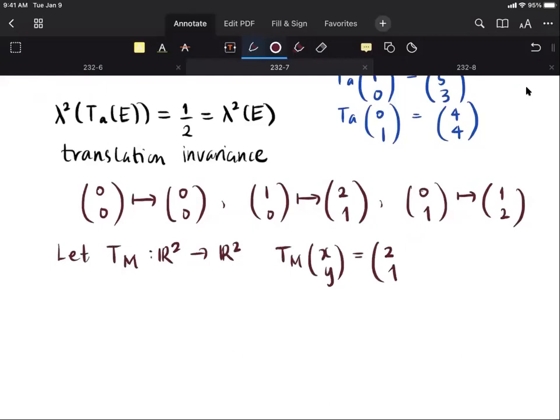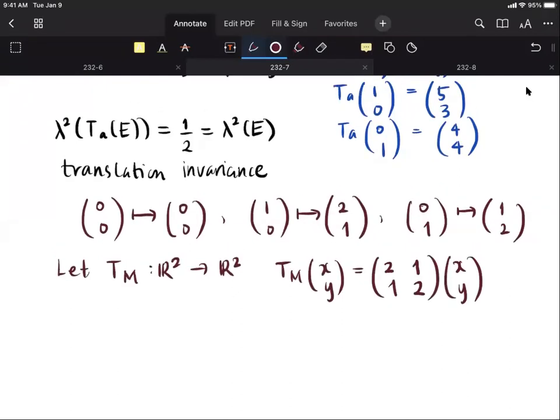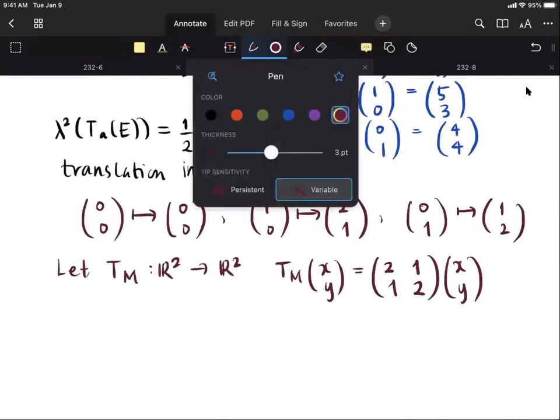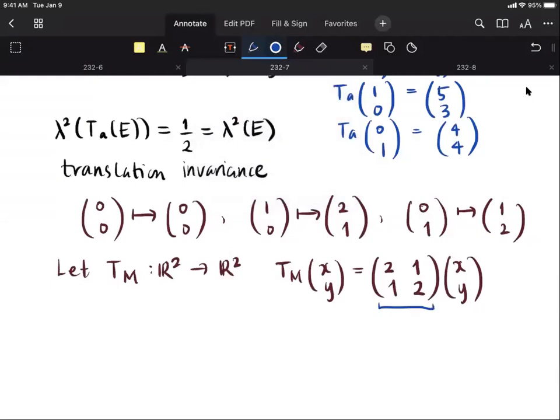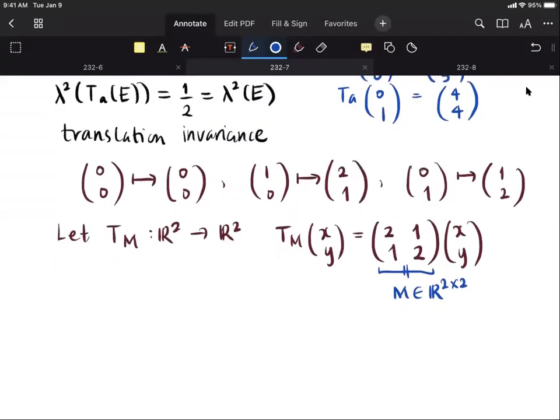The first column would be the image of (1,0), which is (2,1). The second column would be the image of (0,1), which is (1,2). Here, M would be this matrix. It is a 2 by 2 matrix.